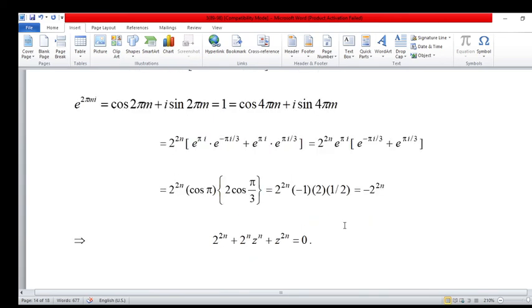So this is the cos pi, means minus 1. Again cos pi is common, e raised to the power i pi, sin pi is 0, and in remaining part e raised to the power minus i pi by 3 and e raised to the power i pi by 3, this is equal to position change. We obtain twice cos pi by 3 and cos pi means minus 1.